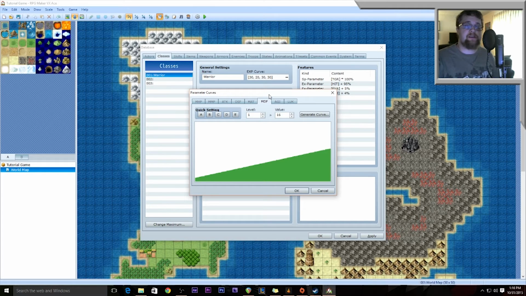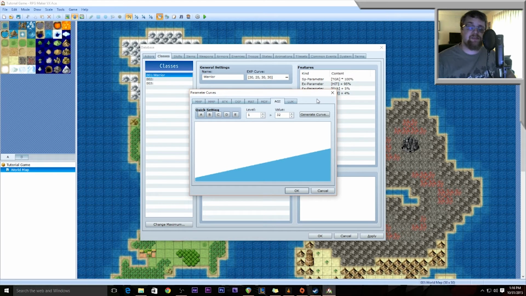So if you have a character that is, let's say, a magic hunter, somebody who hunts mages, they will probably have a much higher magic defense than any of the others, because they are used to taking magical attacks. So a tank will probably also have pretty high magic defense.